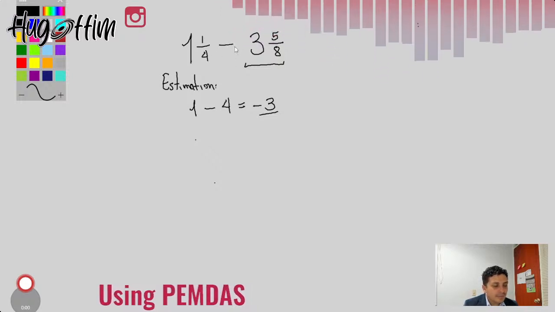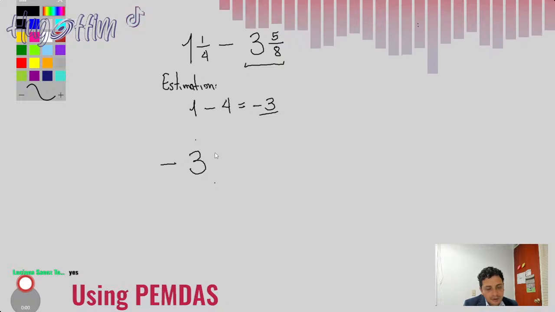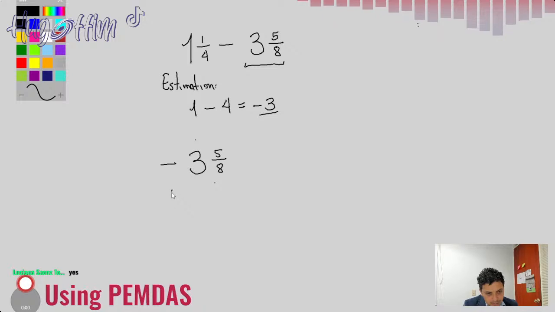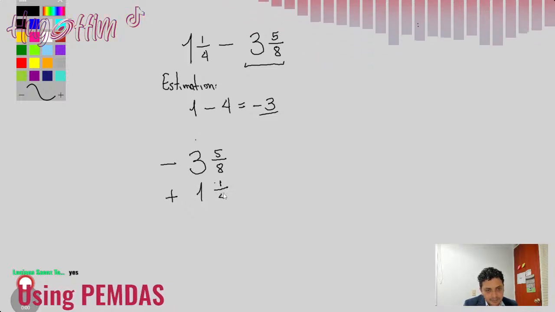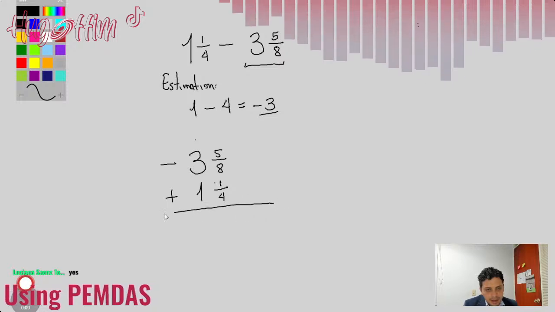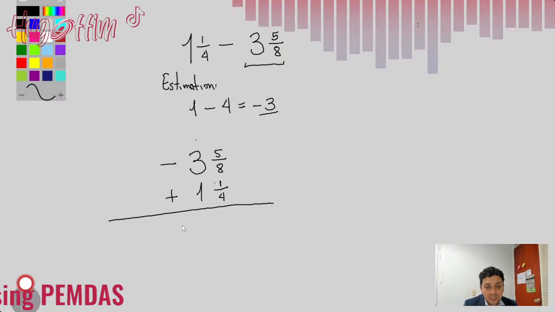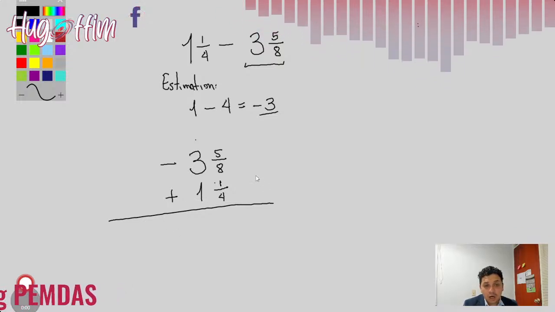It's negative, so put it first, negative 3 5/8. And then you put the other number, 1 1/4. As both have different signs, we're going to perform a subtraction and the answer must be negative.